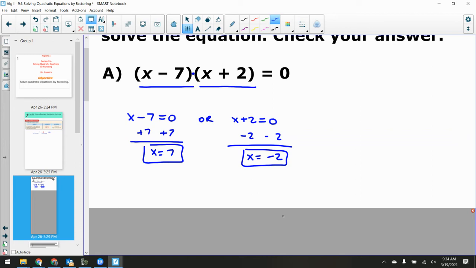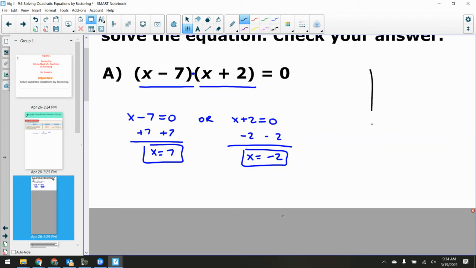I don't want to say all the time. But in this case, I do have 2 solutions to this equation. I've got x equals 7, and I've got x equals -2. Now, it should make sense that we've got 2 solutions. When I talk about zeros of the function, zeros of the graph, you're talking about x-intercepts, right?